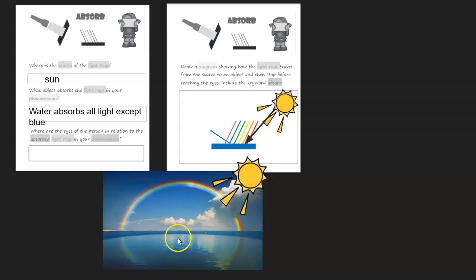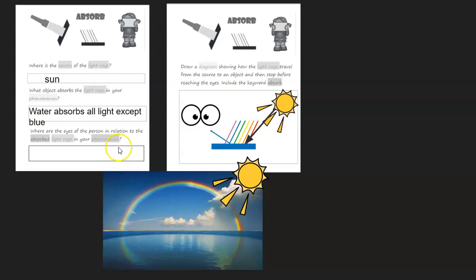I'm going to focus on the water. A lot of you have water in your phenomena, so this might be helpful. Water, so the source is the sun. The water absorbs all light except blue. Water, just like everything else, is reflecting. The color we see is the colors being reflected. So it's reflecting blue and it's absorbing everything else.